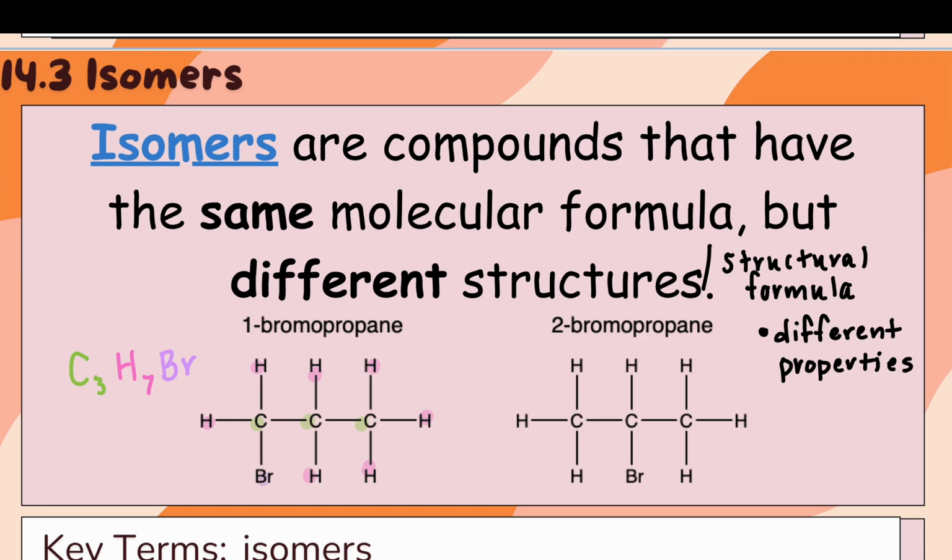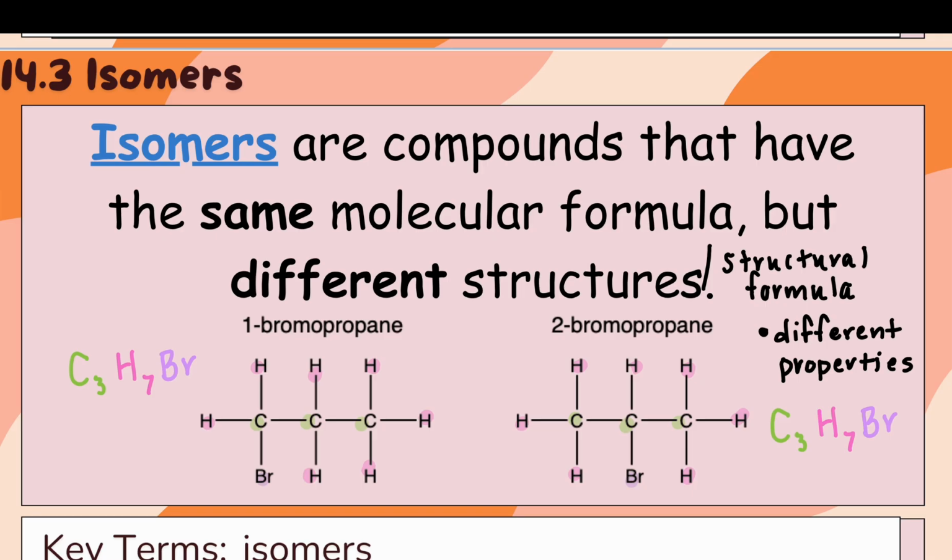Now, if we were to compare 2 bromopropane, we have 1, 2, 3 carbons. We have 1, 2, 3, 4, 5, 6, 7 hydrogens, and again 1 bromine. So this is going to have the same exact molecular formula. They're both C3H7Br. But they are not going to be built the same, or their structure is not going to be the same.